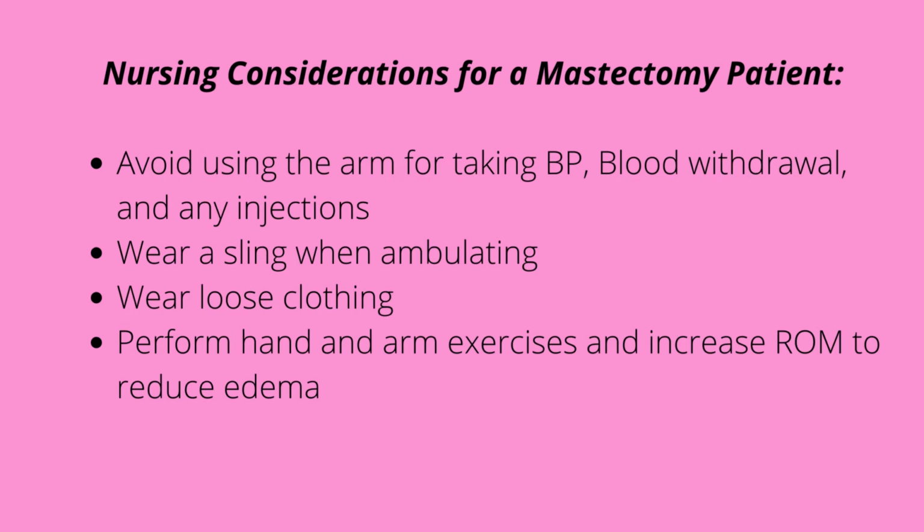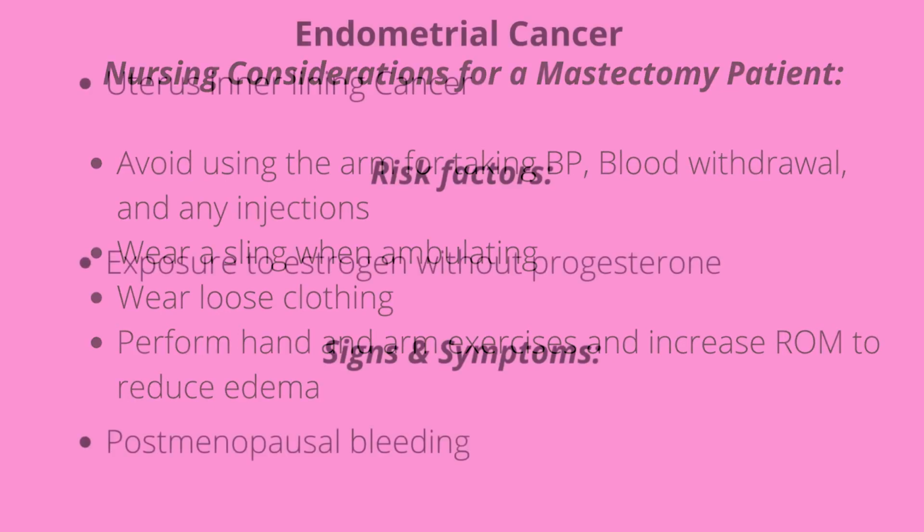We wear a sling when ambulating, as well as loose clothing, and perform hand and arm exercises to increase our range of motion and reduce edema. So with these patients, you'll see do not take blood pressure on the left arm, and normally you see it's a little bit edematous. And why? Because when they do the mastectomy, they normally interfere with the lymph tissues, and the circulation of that arm is reduced.